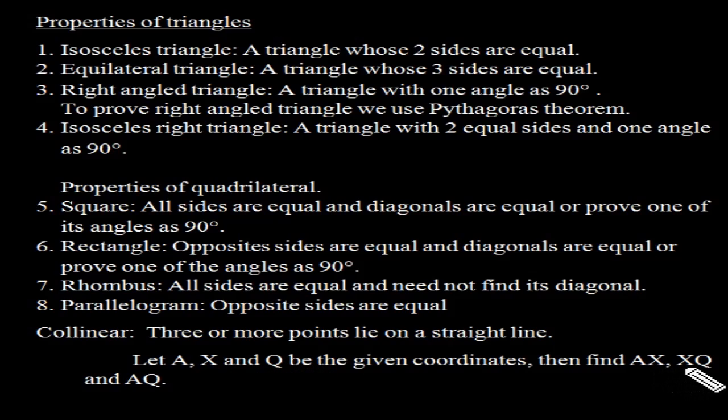In this, if I add any two of these distances and it gives the third distance, then we can say that the points are collinear. Here I am giving an example: if I add AX and XQ, I am getting the length of AQ. Then we can say that the points are collinear, that is, they lie on a straight line.